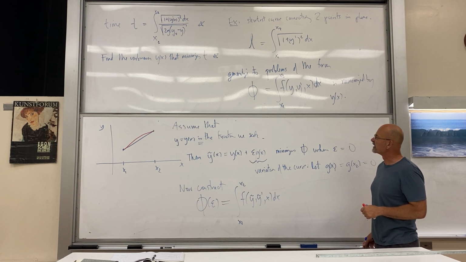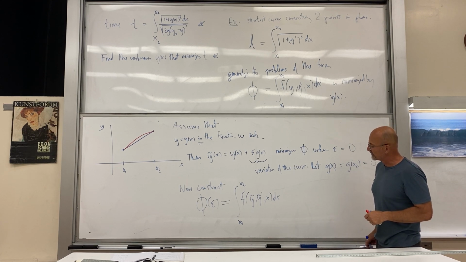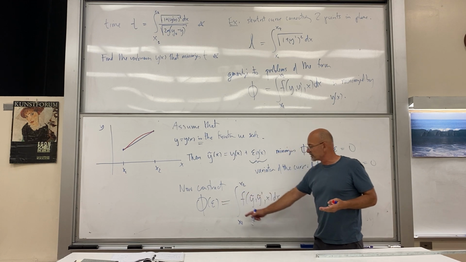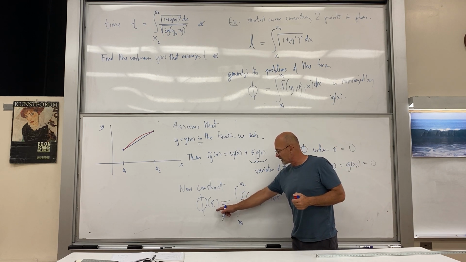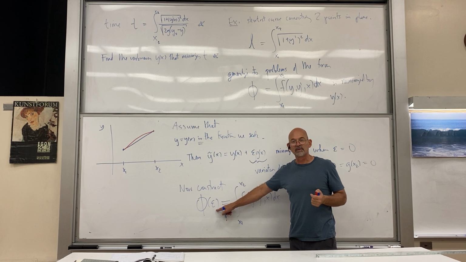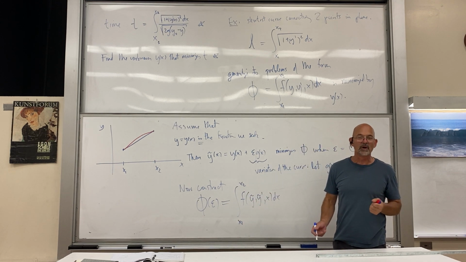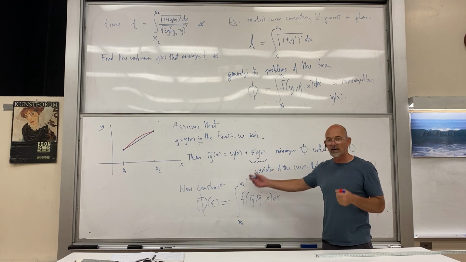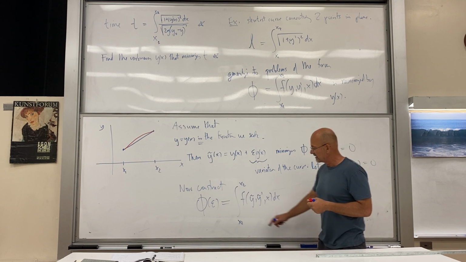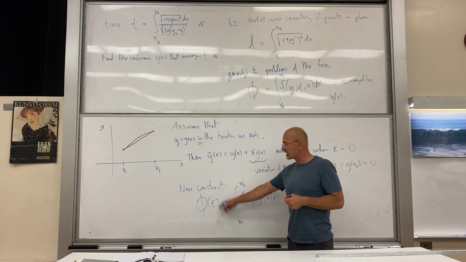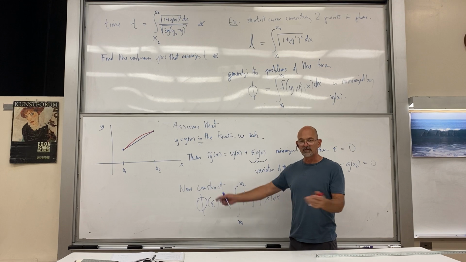And I'm going to use that as a necessary condition, because if we have a function of one variable that takes on its minimum when epsilon equals 0, we can just use the first derivative criterion of ordinary calculus, okay? d phi d epsilon evaluated at epsilon equals 0 is going to be equal to 0.